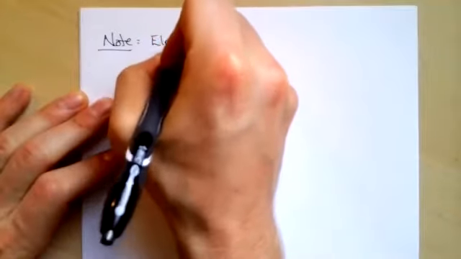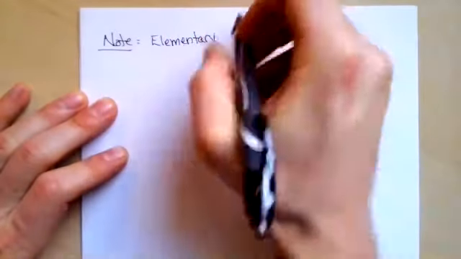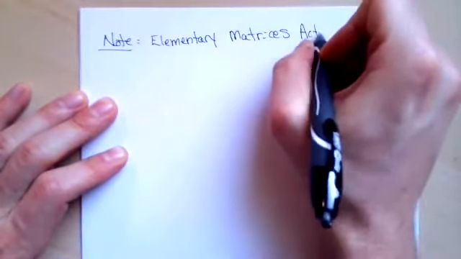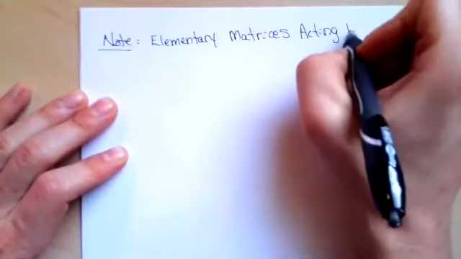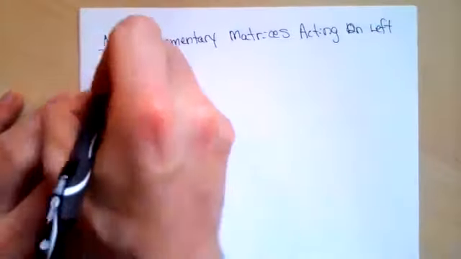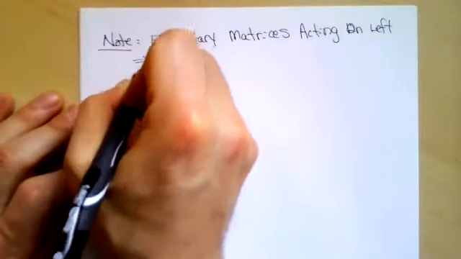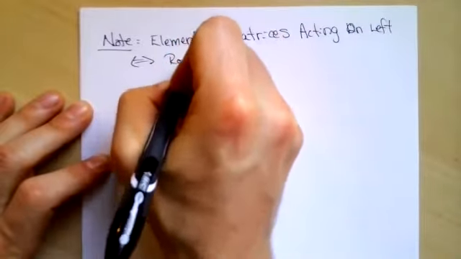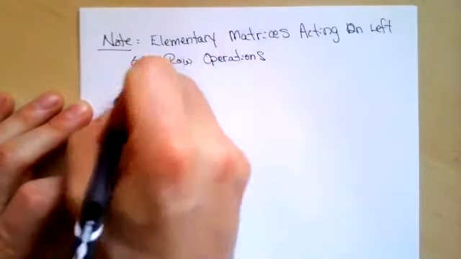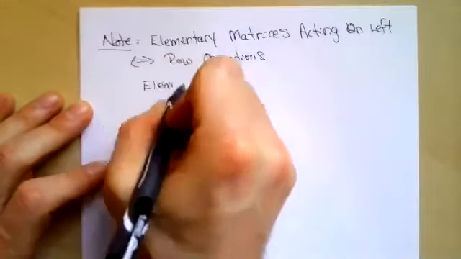One thing I want to note, these elementary matrices acting on the left, i.e. being multiplied on the left, correspond to row operations. So this isn't in the book, but I think it's an important concept to understand.